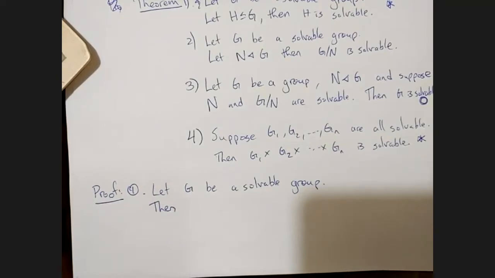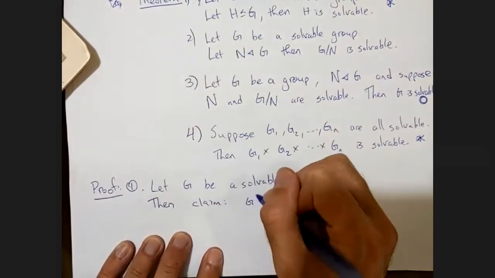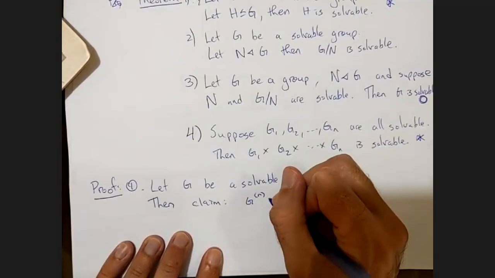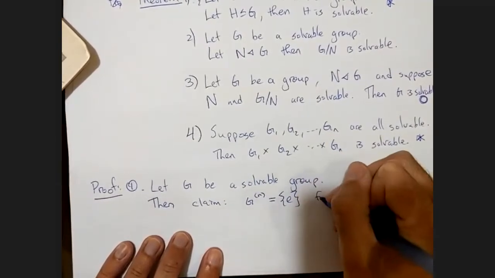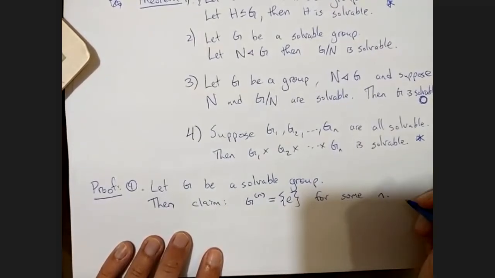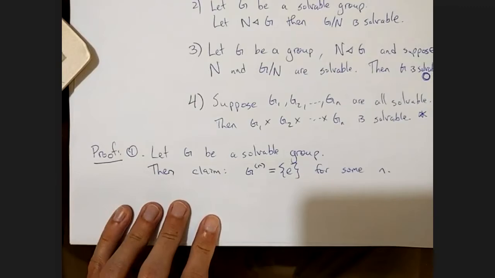Our claim is that the nth commutator of G is trivial for some n.